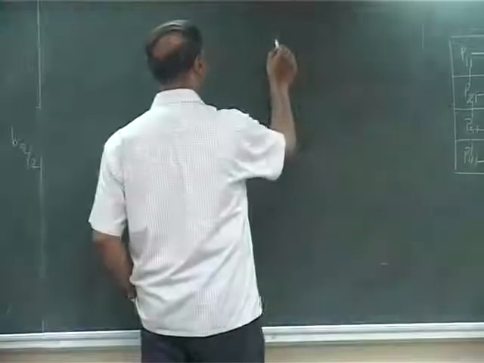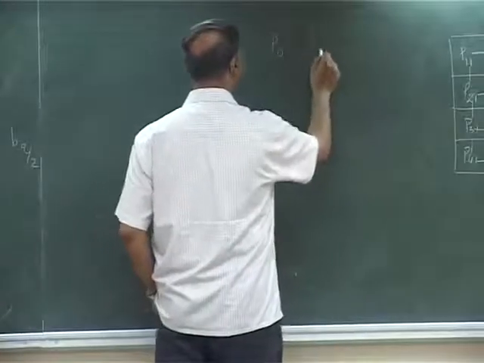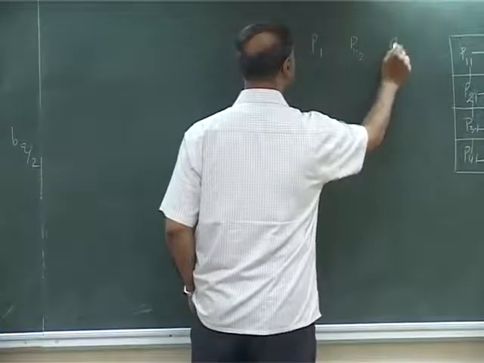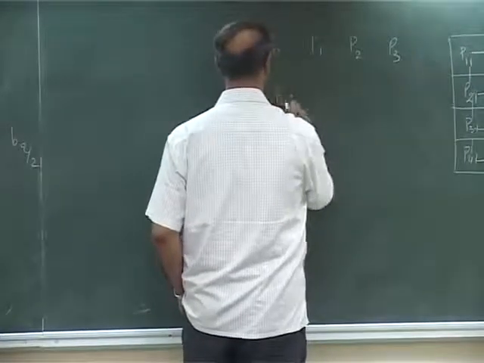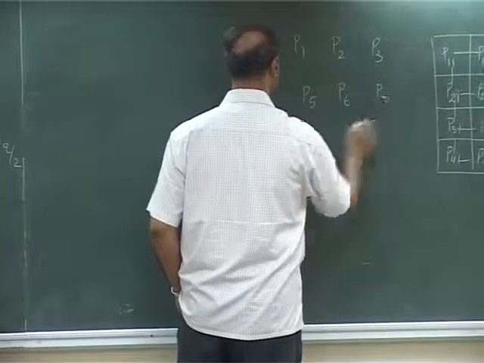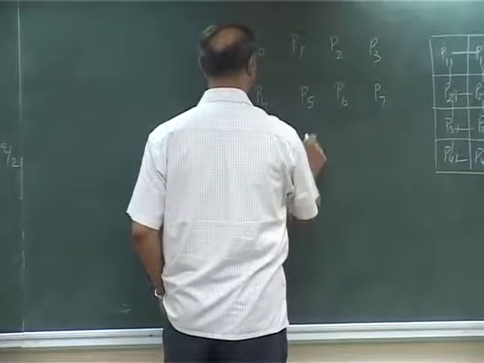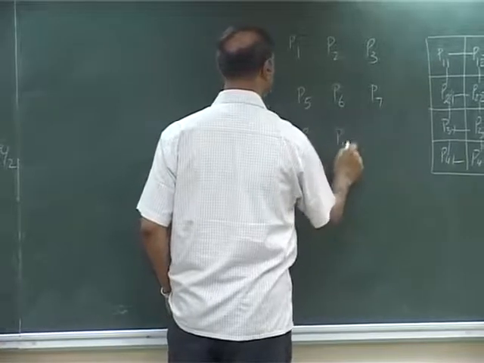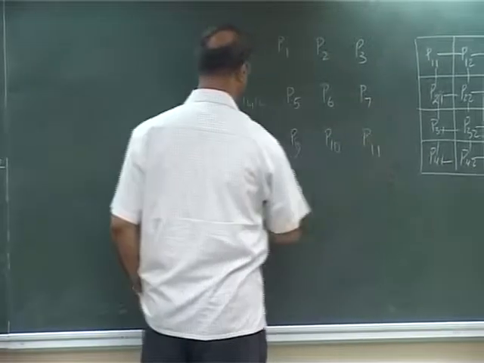Row major indexing scheme: P0, P1, P2, P3, P4, P5, P6, P7, P8, P9, P10, P11.